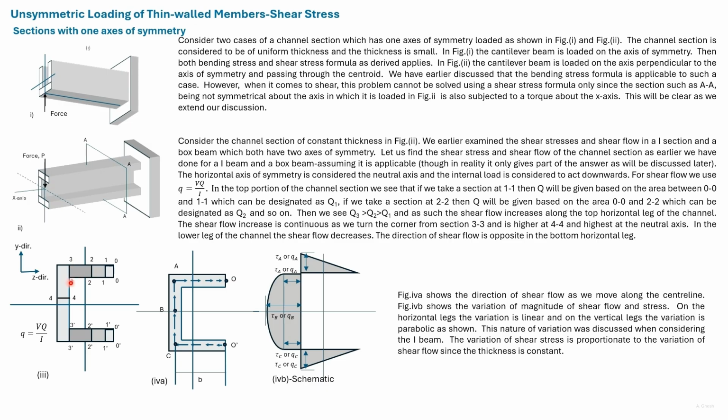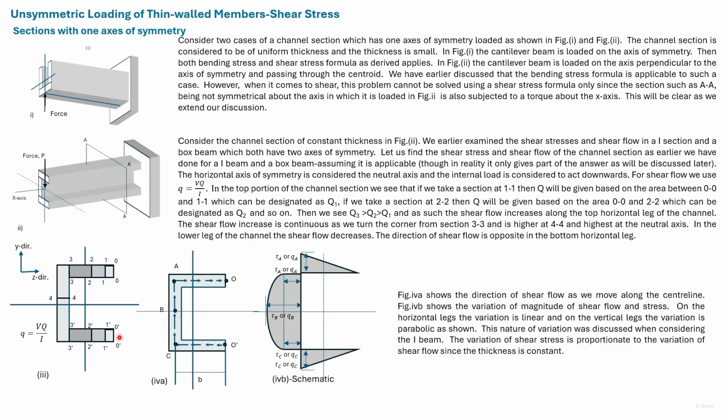Consider section 3.3. Then the shear flow will be given by taking the statical moment of area of this larger portion. So the shear flow will increase as we move away from the edge. The shear flow in section 4.4 will be still higher. The highest shear flow will be at the neutral axis.